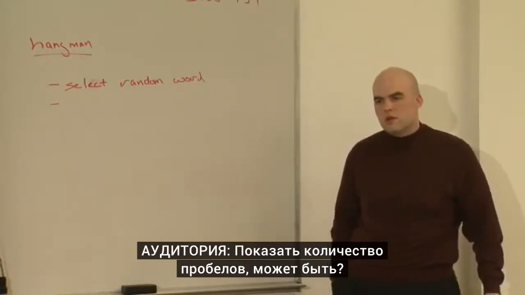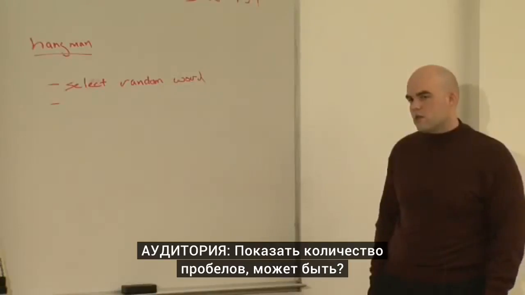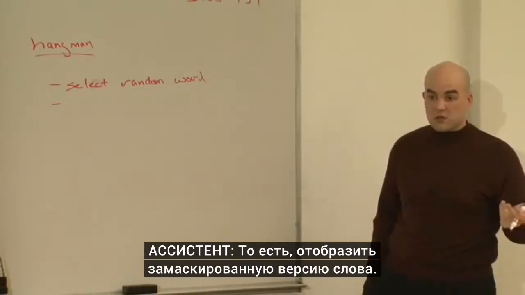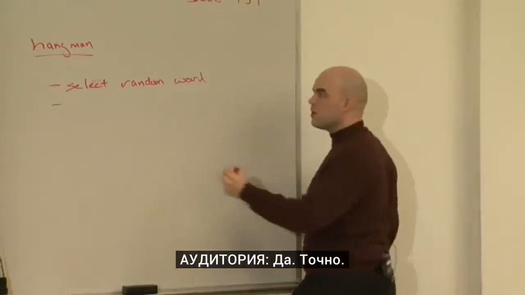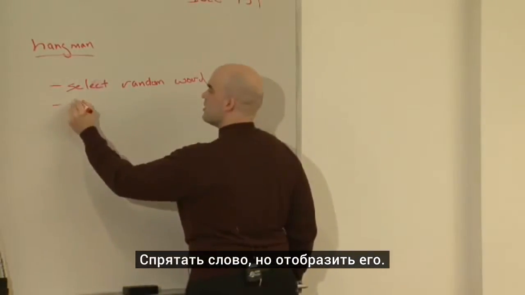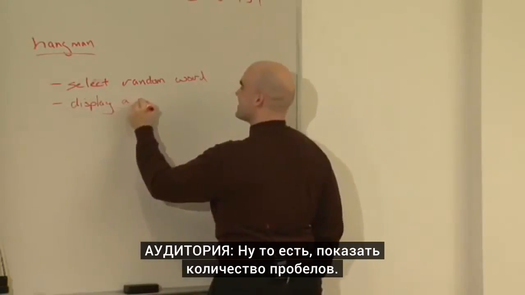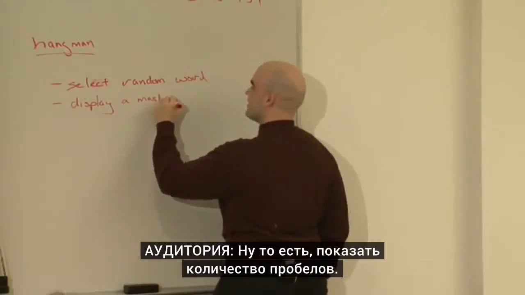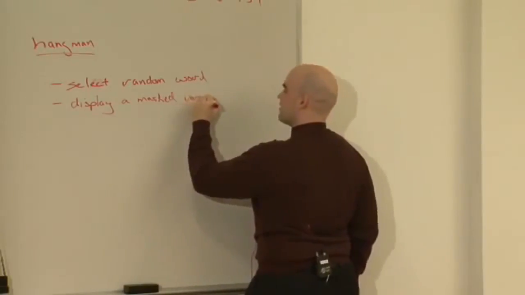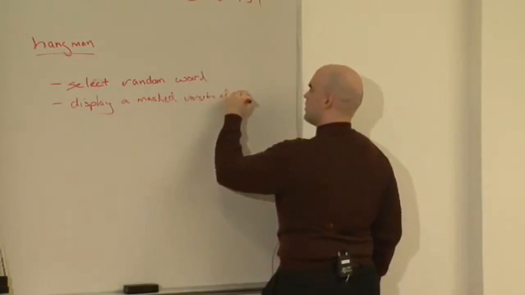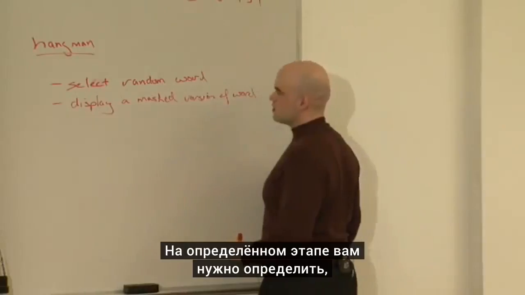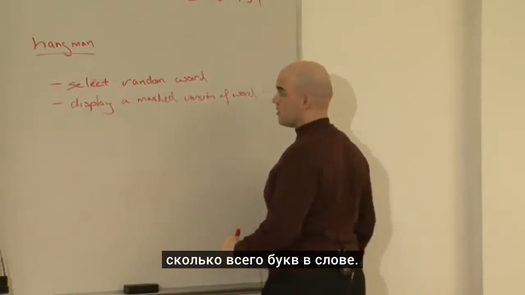Display the amount of letters, like the amount of spaces. So display a masked version of the word. Yeah, exactly. Hide the word but display it. Decide the amount of spaces. You probably want to state how many letters are in the word at some point.